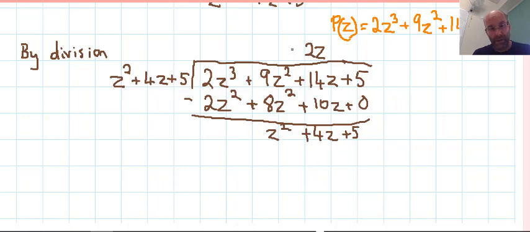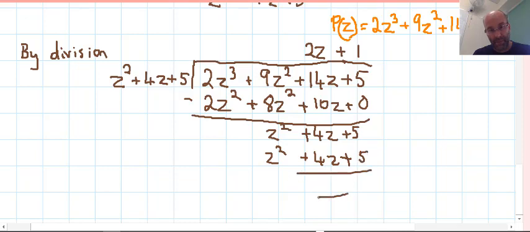That's handy because we just need now one more out, multiplying by 1, and we see we have no remainder, which is good. So we have 2z plus 1 as our last factor. So one final linear factor, and you identify that as 2z plus 1. Task completed.